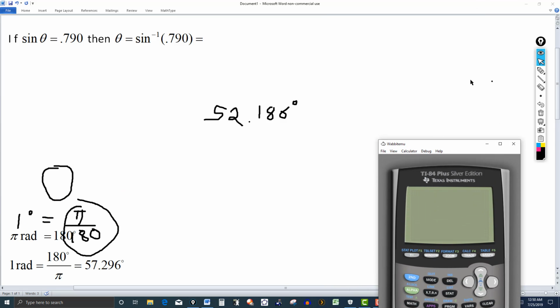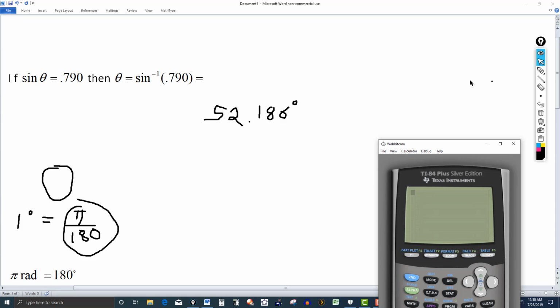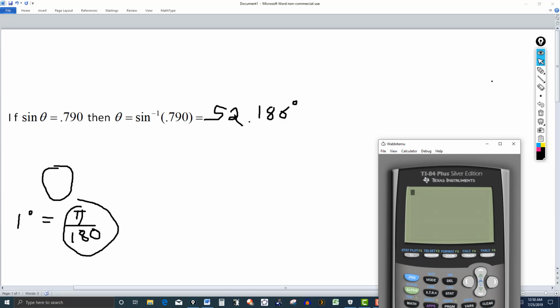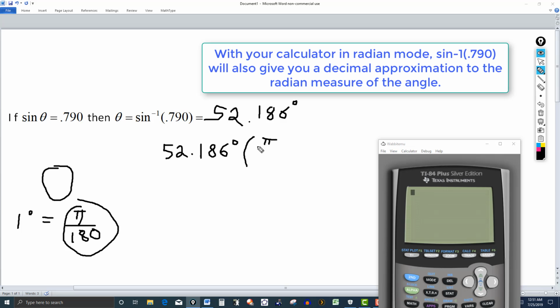So let's go back up here now. We have this answer right here, and now I want this in radians. So I take 52.186 and convert it to radians by multiplying by pi over 180.